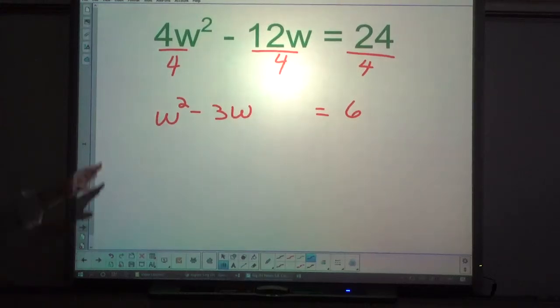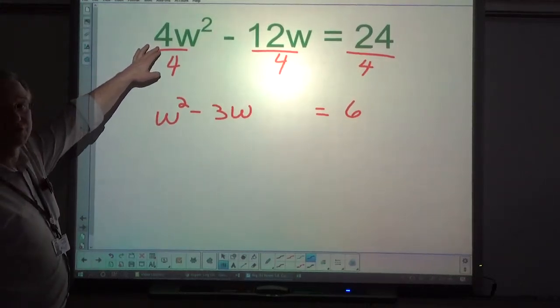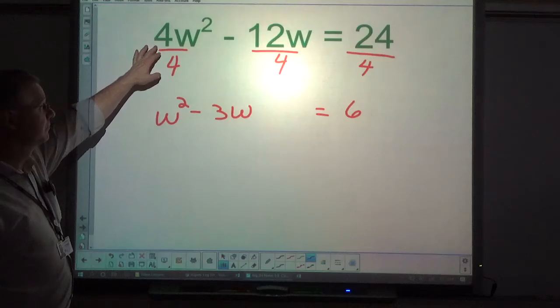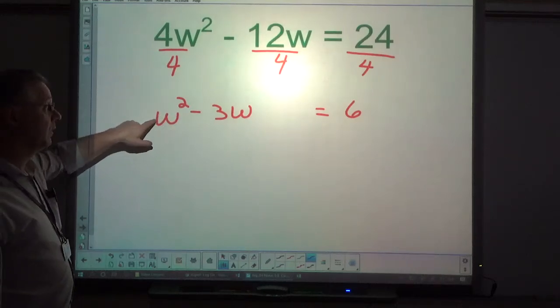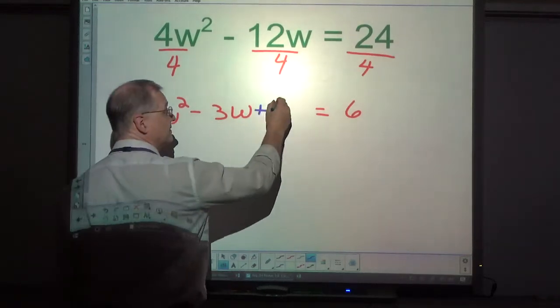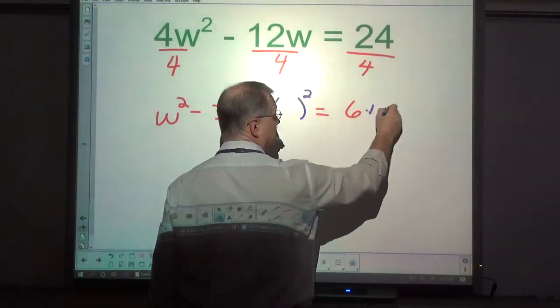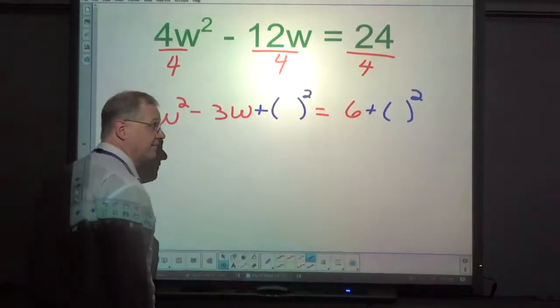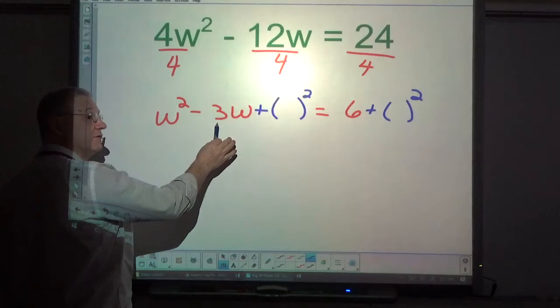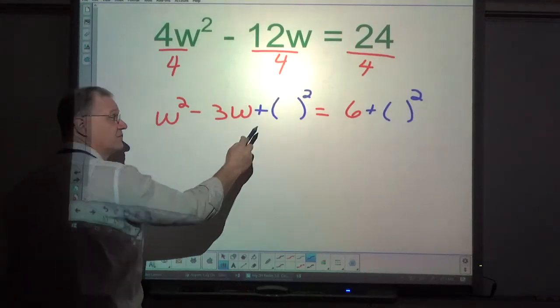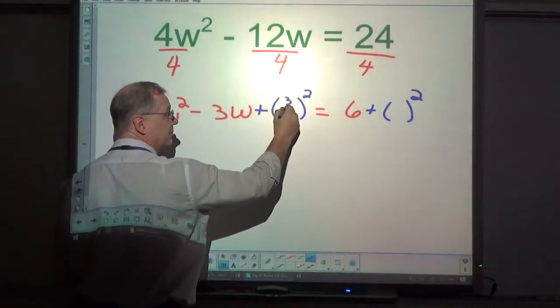So I've divided by the coefficient of the w squared term. Now this is a 1, so I need to add something squared to both sides. That something is half the absolute value of this. So to make it in half, I put it over 2.